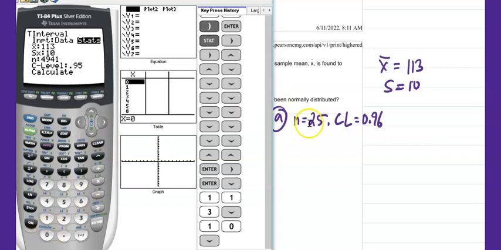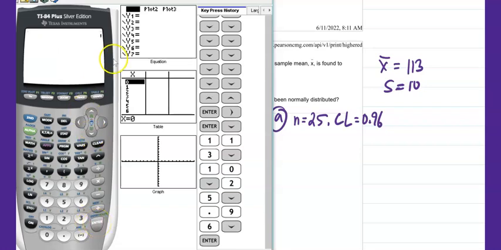The sample size is 25, as given. For part A, the confidence level is 0.96. Then you go to Calculate using the arrow button and press enter.